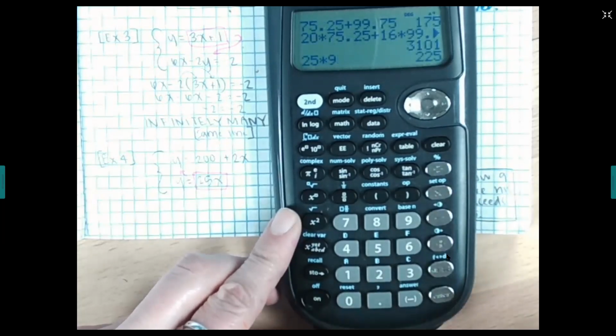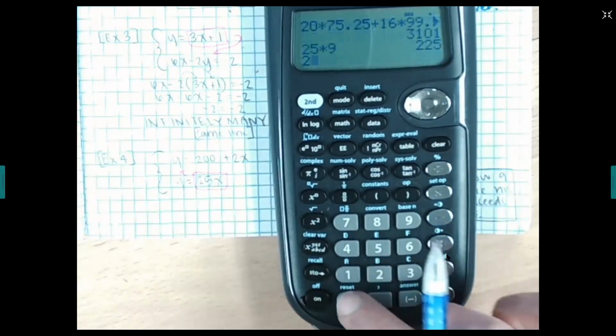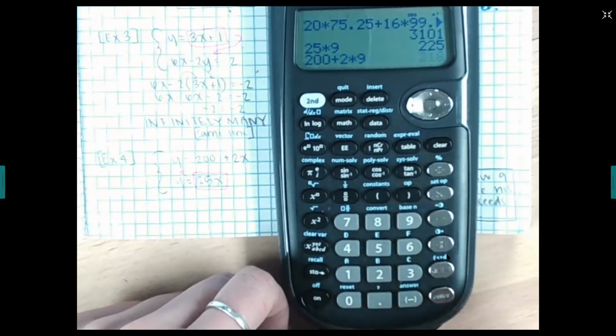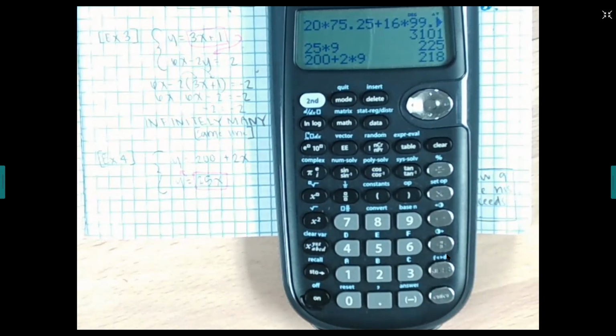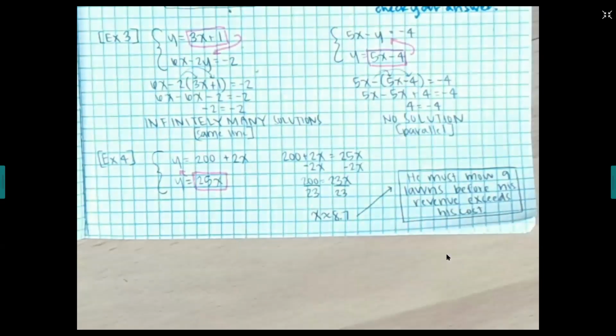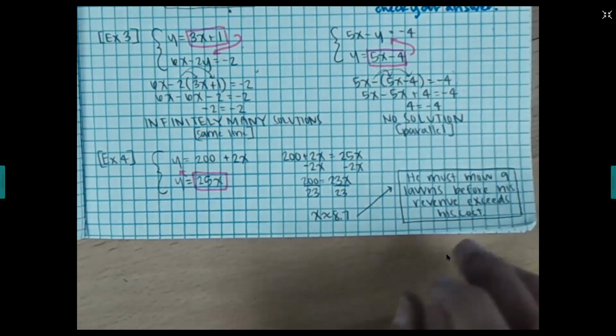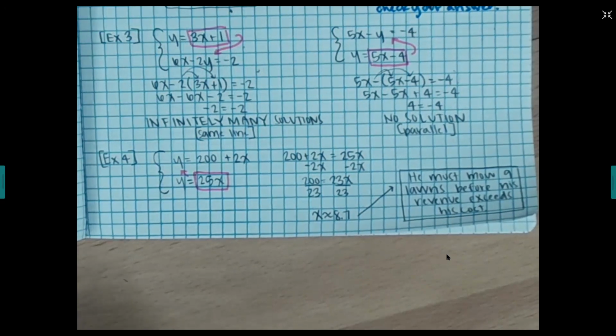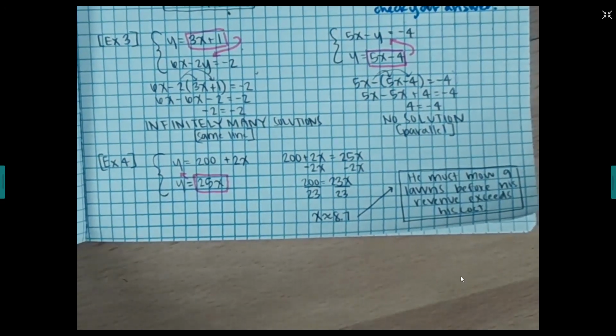So he makes $225, and then he would have spent $218. So that is true. And we can say that we know that he needs to mow 9 lawns. So that is how we solve by substitution. There's one more method of solving systems of linear equations that we will learn next.